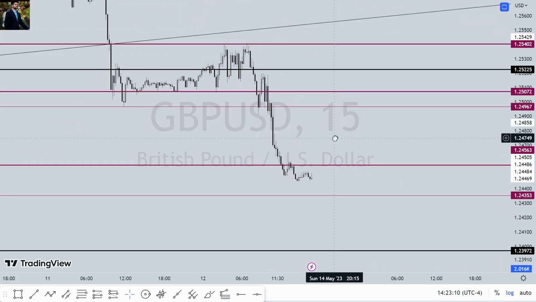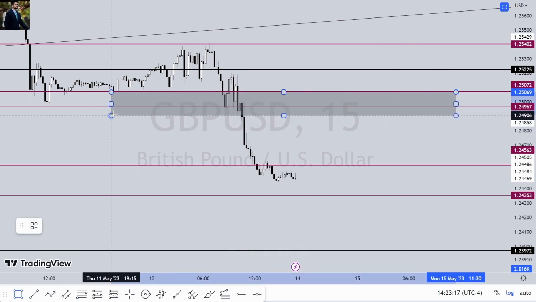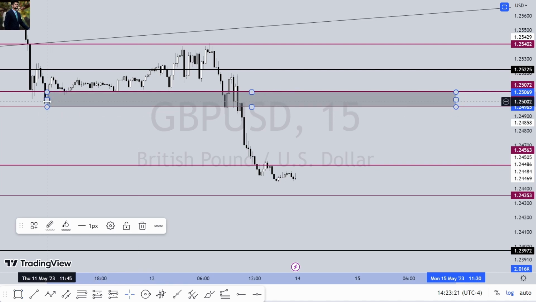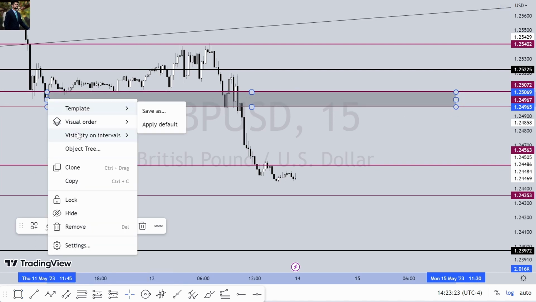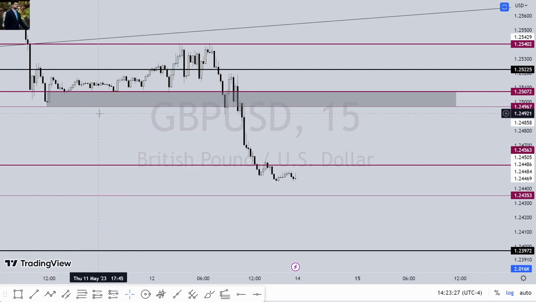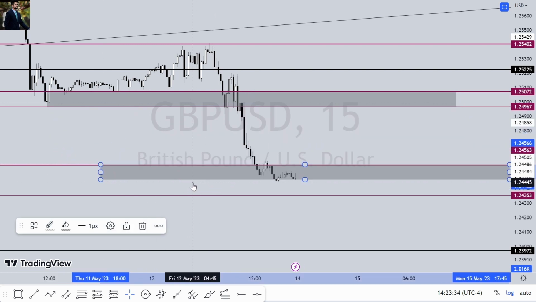And let's move to the 15 minute. Now you'll see better. Here, if you want to mark the zones, just use this one. We'll use this one here.